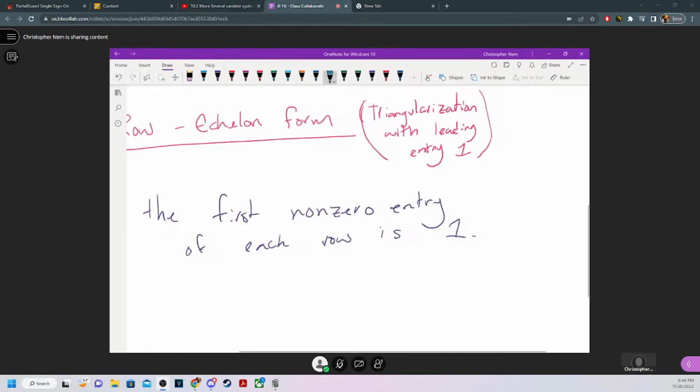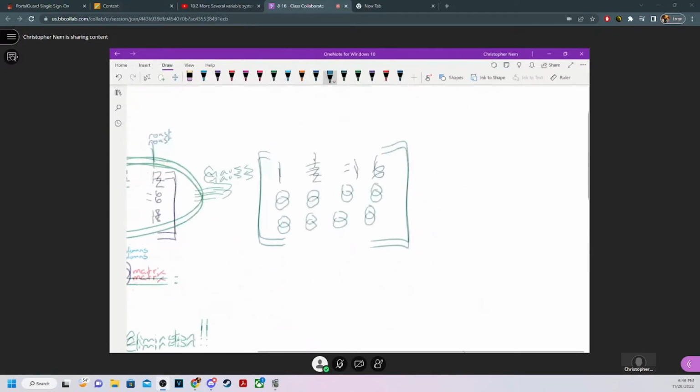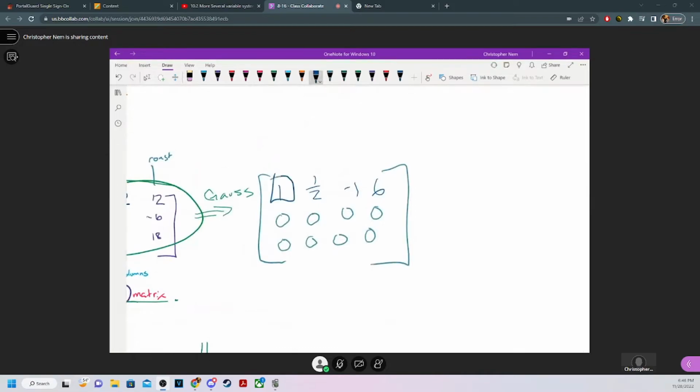Whatever it is, we call that the leading entry. I used that word earlier, now we know what it means. It just means the first number that appears in our row that is not 0.